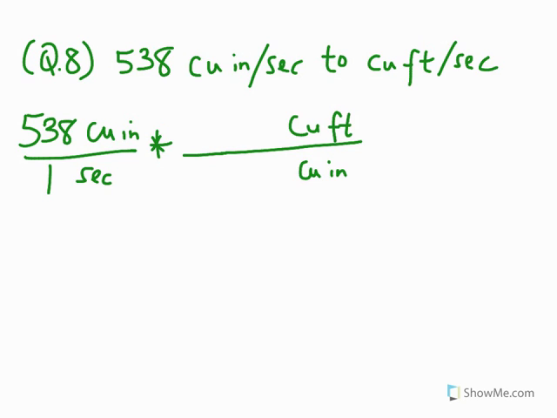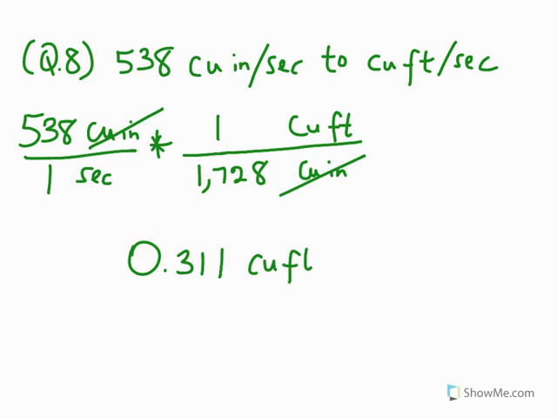We see that 1 cubic feet is 1,728 cubic inches. Cubic inches cross out cubic inches. We now divide, and then we'll have 0.311 cubic feet per second.